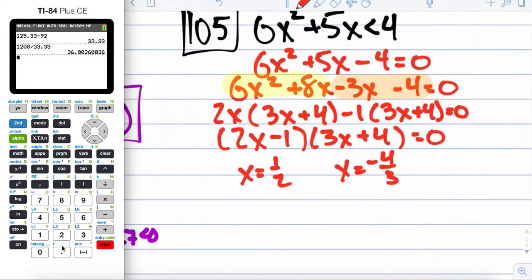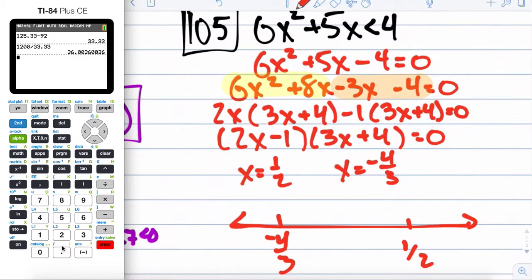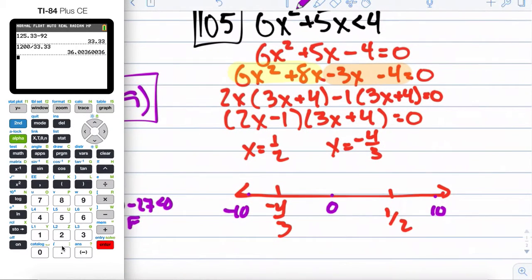Again, we put those on the number line. Negative 4/3 is over here. 1/2 is there. Let's test some points. Test 0. We'll test 10. We'll test negative 10. On negative 10, you get 600 minus 50 is less than 4, which is false. We get 0 plus 0 is less than 4.